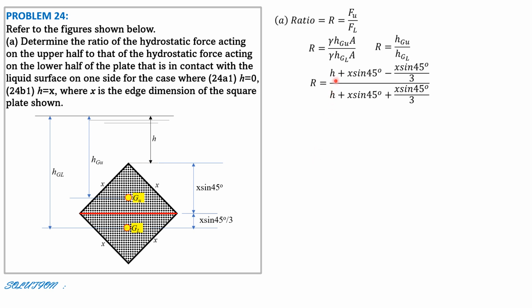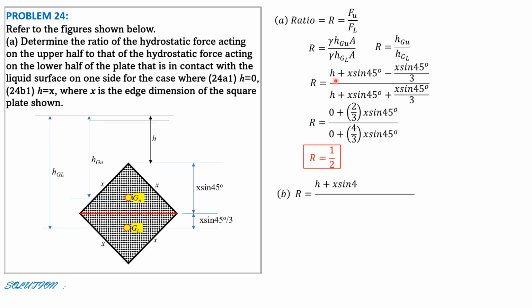For case 1, H is 0, so you just set that to 0, and X sine 45 minus 1/3 of X sine 45 is 2/3 X sine 45, then X sine 45 plus 1/3 X sine 45 is 4/3 X sine 45. So cancel out X sine 45, cancel out 3, the ratio is 2 over 4, or 1/2. Then for the second part, we use the same formula.